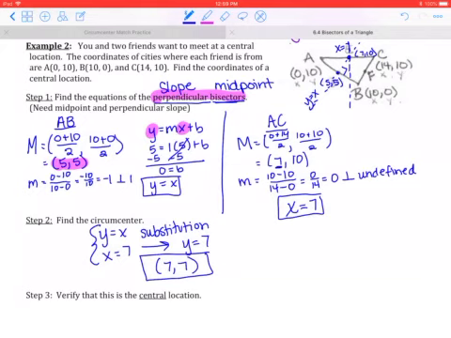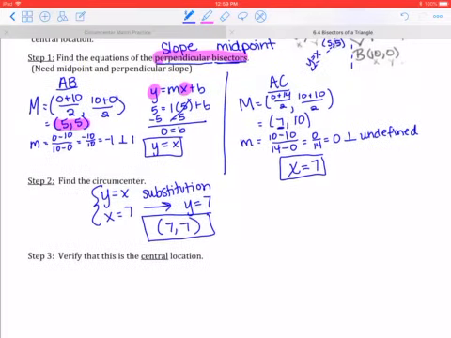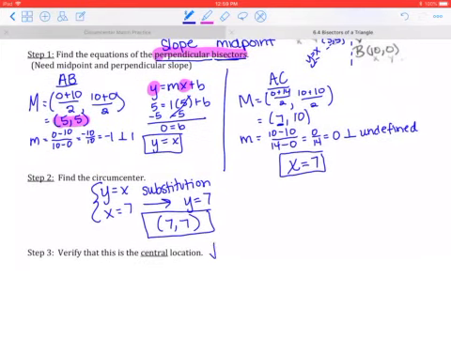The last thing we're going to do is to verify that this is the central location, which means that it should have the same length to each point. So I'm going to use the distance formula. And the distance formula is the square root of a squared plus b squared, where a is how far it is between your x values and b is how far it is between your y values.